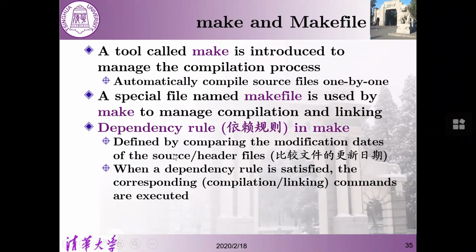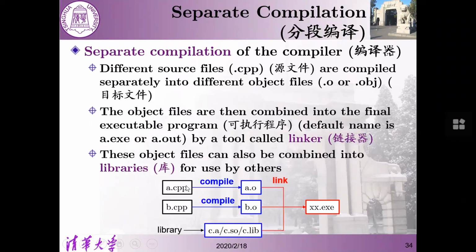It will compare, for example, the source file and header files with the object file. If we are compiling the source file into an object file and it is already compiled, then this A.O will have a later time than A.CPP.